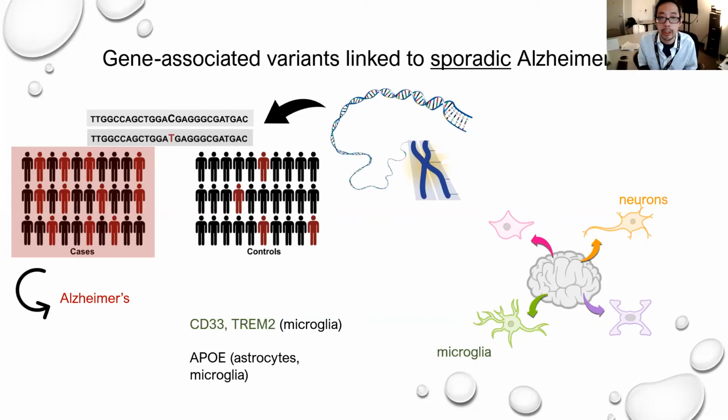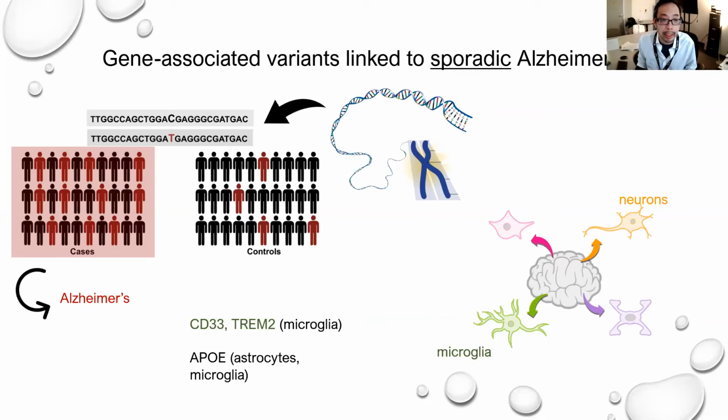So this allows us to identify single gene factors that increase the risk of Alzheimer's onset. And we've been doing this for about a decade now, scanning the genome for variations in genes that might increase the risk of Alzheimer's onset.